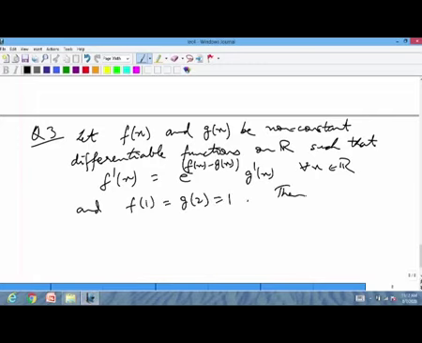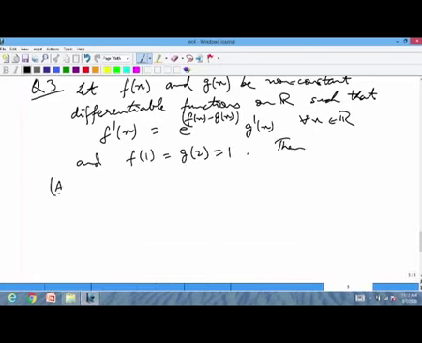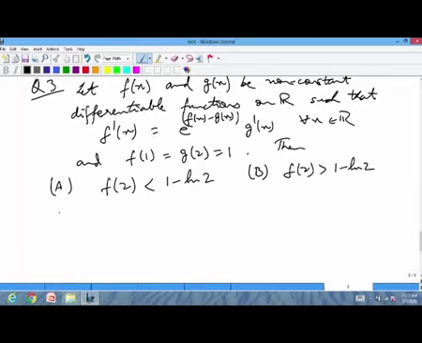Then a, f of 2 is less than 1 minus natural log of 2, b, f of 2 is bigger than 1 minus log 2, c, g of 1 is bigger than 1 minus log 2, and d, g of 1 is less than 1 minus log 2.